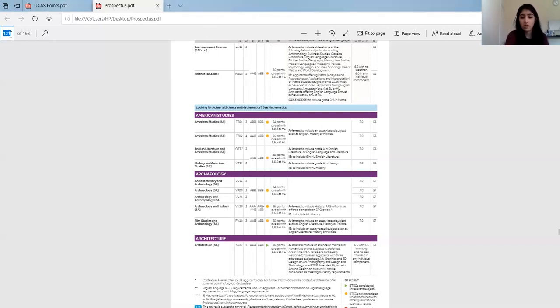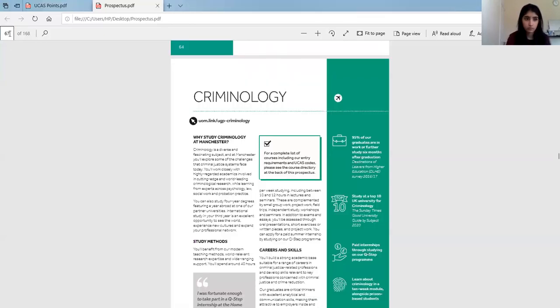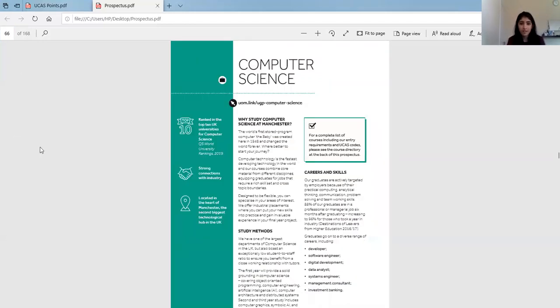So now we're just going to look at one final subject. And that's computer science. So here, it's named computer science for this university, but in other universities, they might call it something like information technology.